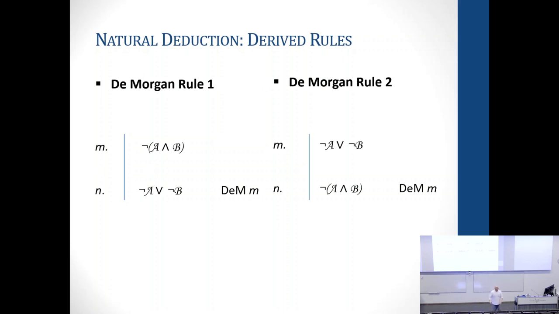So take our first one. If you have a negated conjunction, you can turn it into a disjunction of two negations. If you know not both are true, then you know at least one is false. And vice versa, right? The De Morgan rule lets you go backwards and forwards, whichever way you want. So that's one pair that the De Morgan rule lets you do. Can anybody guess what the other one is?